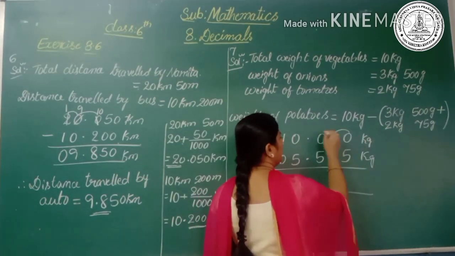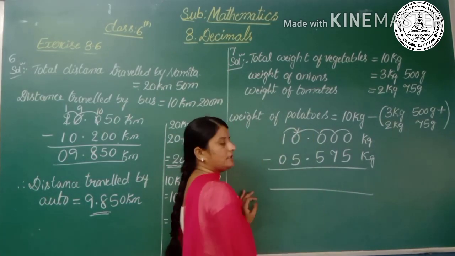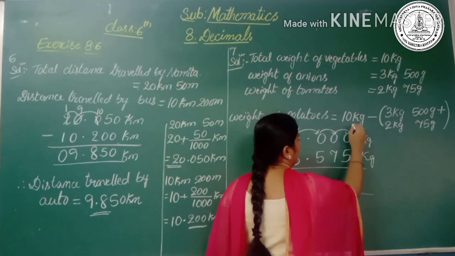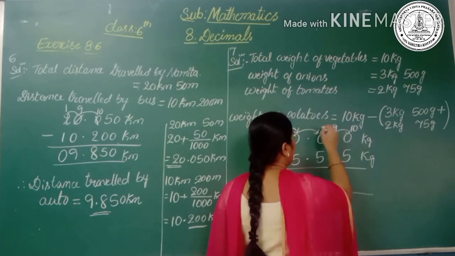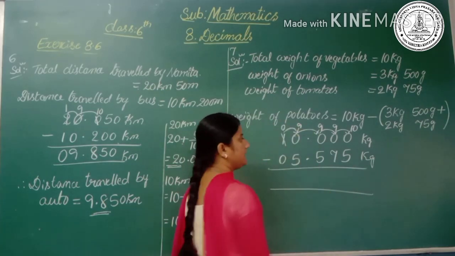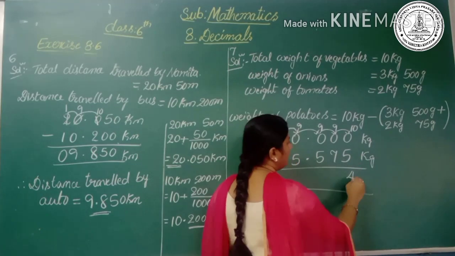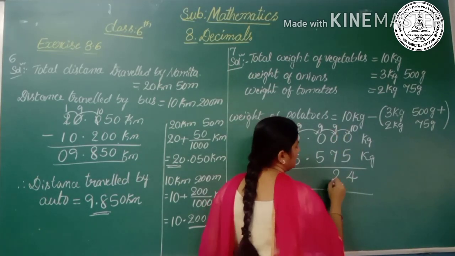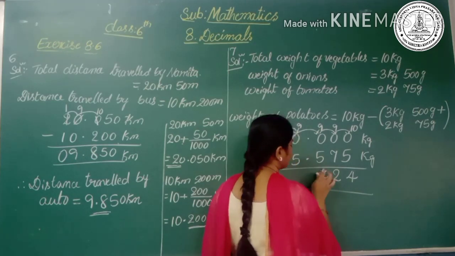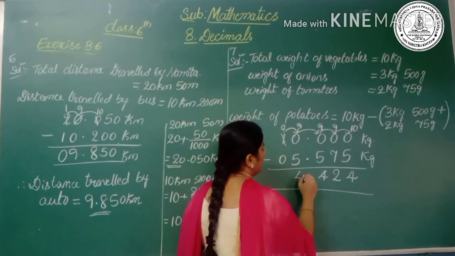So here 0, and we have to take from the tens place. It will become 10, the next place is 9, and 1 will become 0. Then subtract: 10 minus 5 is 5, 9 minus 7 is 2, 9 minus 5 is 4. Then keep the point, 9 minus 5 is 4.